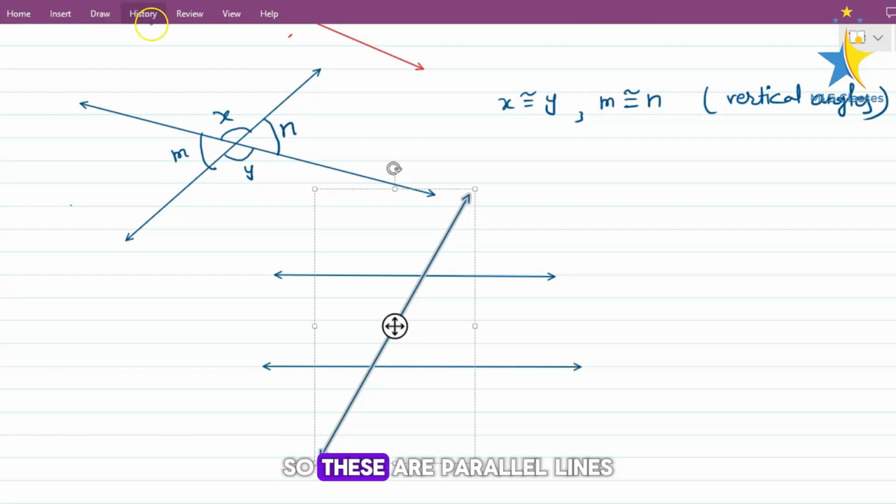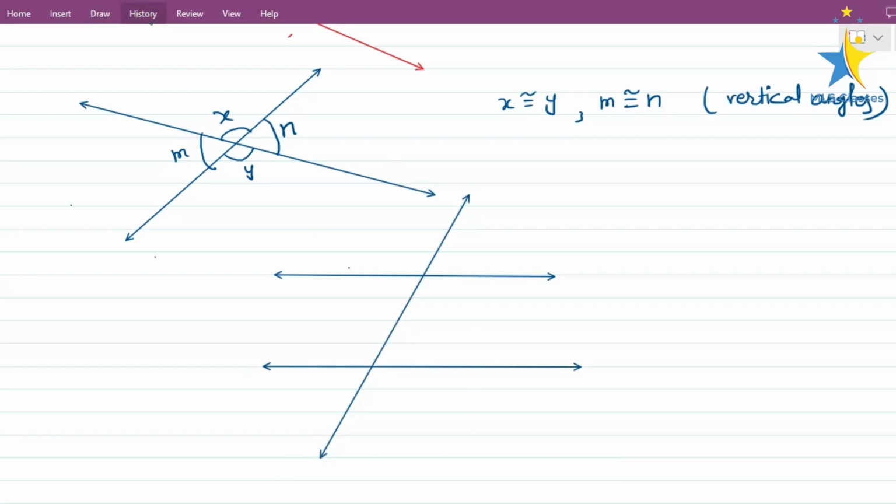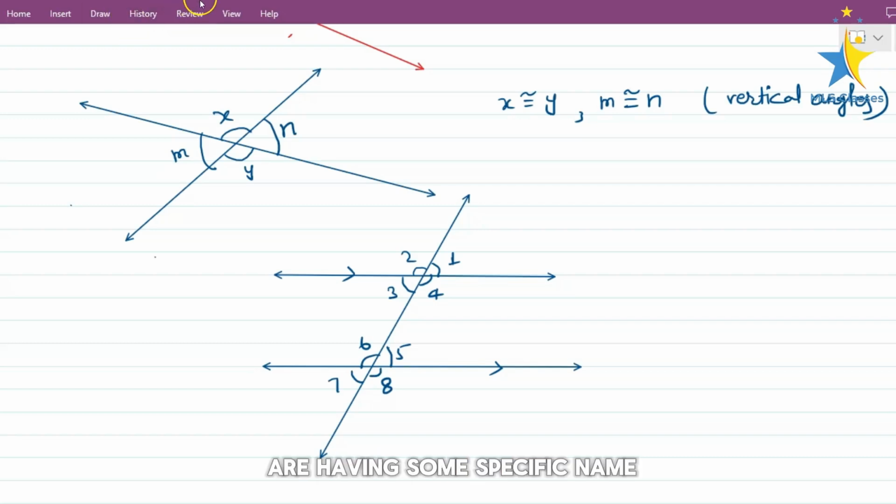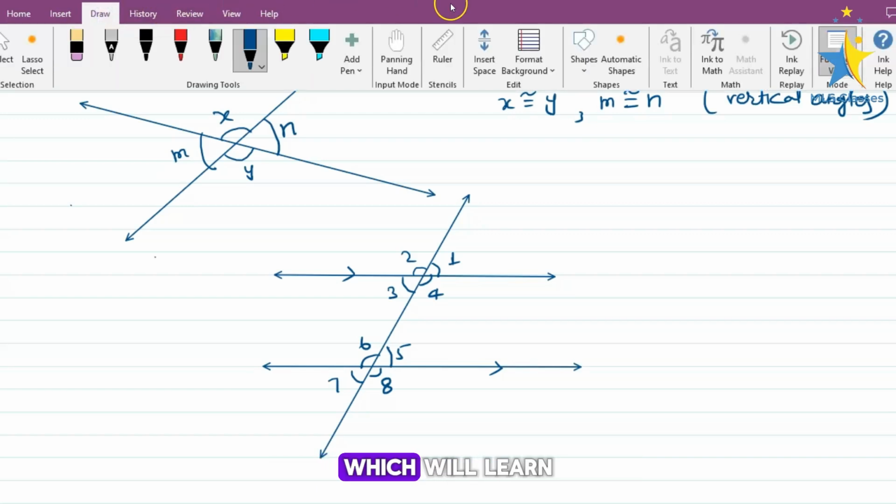So these are parallel lines cut by a transversal. You can see 1, 2, 3, 4, similarly 5, 6, 7, 8. A total of 8 angles are formed. All the angles have specific names which we will learn here.